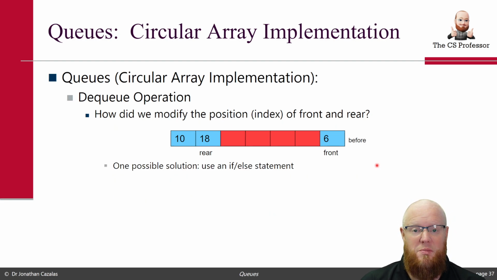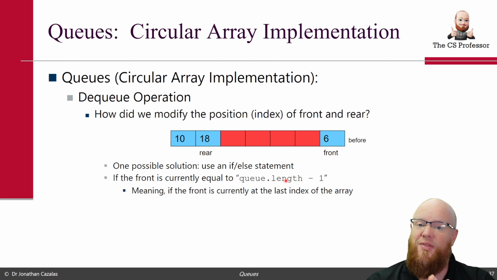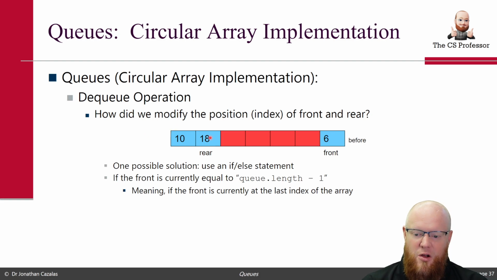One solution would be to use an if-else statement. If the front is currently equal to the length of the queue minus 1, that means we're at the last available position. So what's the length of this entire array? Again, it's 1, 2, 3, 4, 5, 6, 7. The length is 7. So 7 minus 1 is 6.